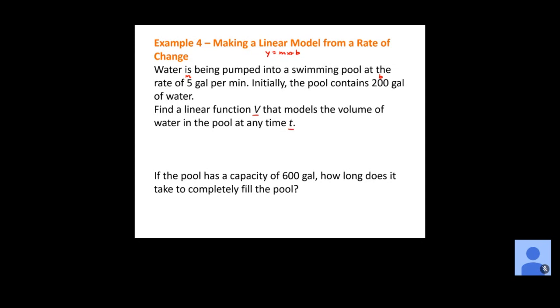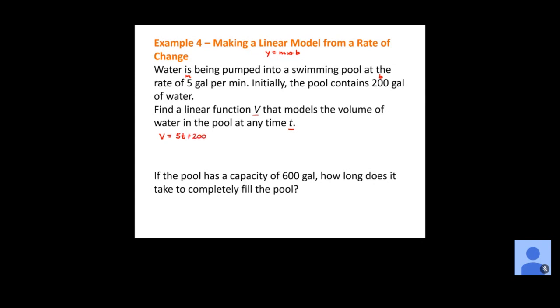So then what would our linear function look like in terms of v and t then? Okay, so v equals, because that's our volume, and then we're going to have 5 times t, good, plus 200.